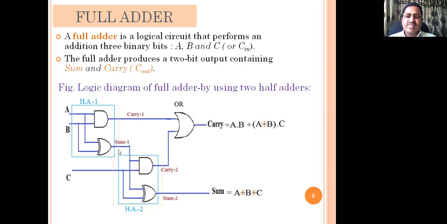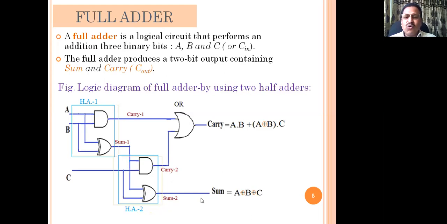Now this sum, at the same time, and the third input C are given to one more half adder containing an AND gate and XOR gate. Sum 1 from the first half adder and C as an additional third binary input are given together to the AND gate and XOR gate of the second half adder, whose outputs are carry 2 and sum 2.